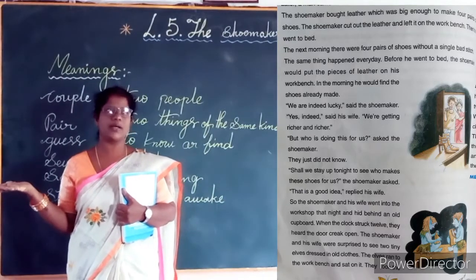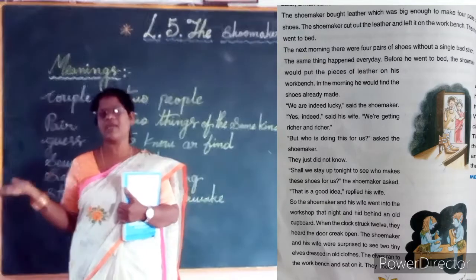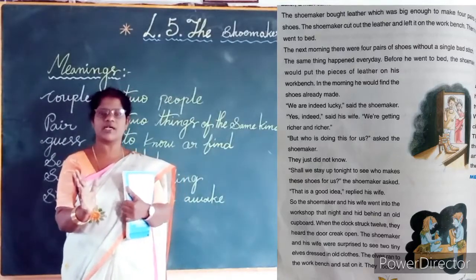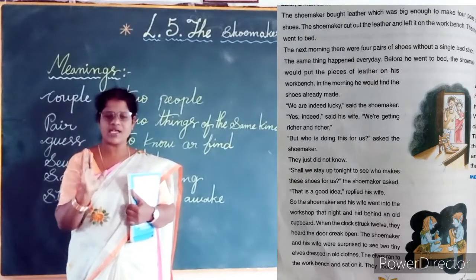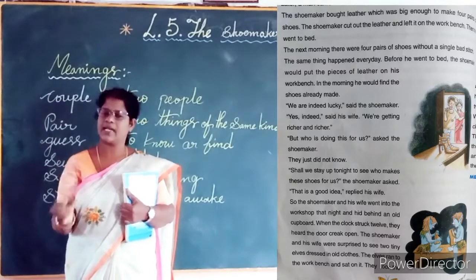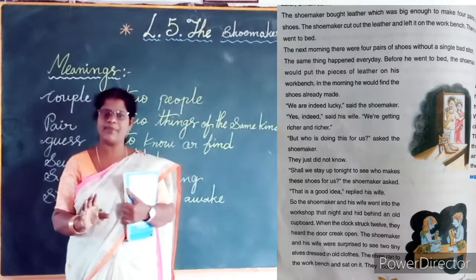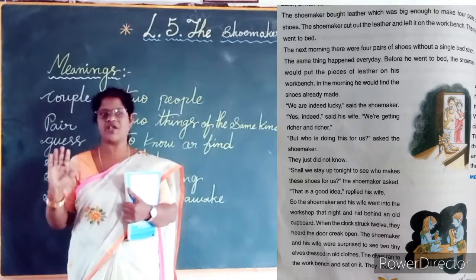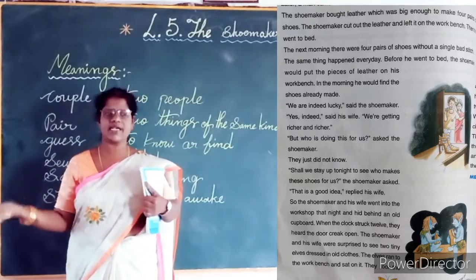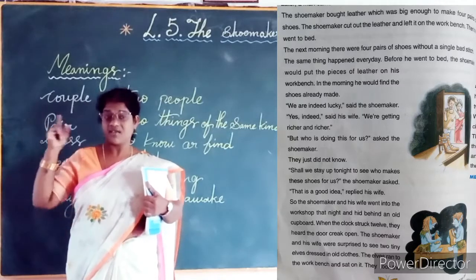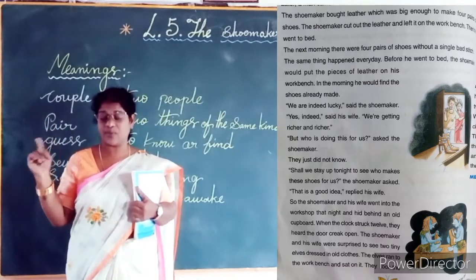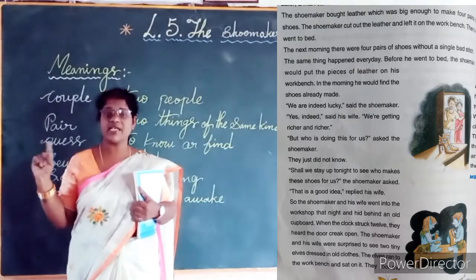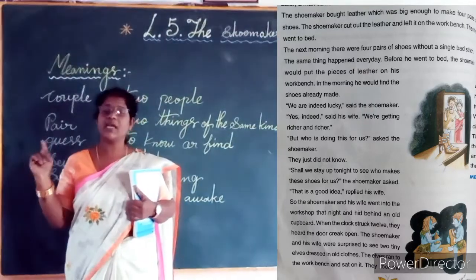If we go, lucky means what we can say. If we are trying to do some work, we will think, I should complete this work at any cost. If that work is not completing, and one day that work is very nicely completed, then we will think, yeah, we are the luckiest persons in the world.